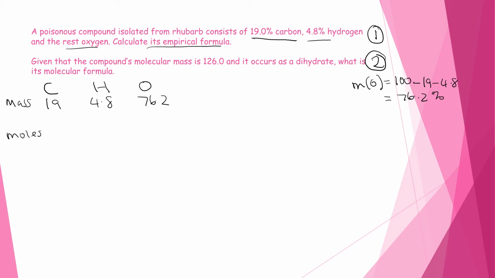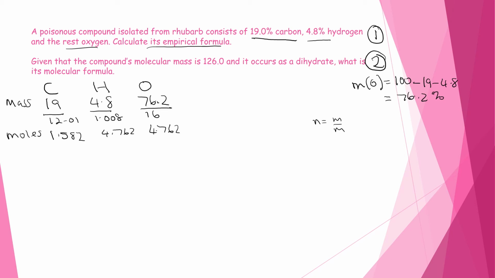Now we're going to find the moles. Remember, the number of moles is always equal to mass over formula mass. So the number of moles in this case will be 19 divided by 12.01, 4.8 divided by 1.008 and 76.2 divided by 16. I got those off the periodic table. The moles then come out to 1.582, 4.762 and 4.762.